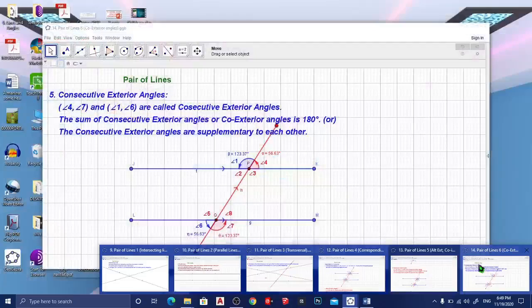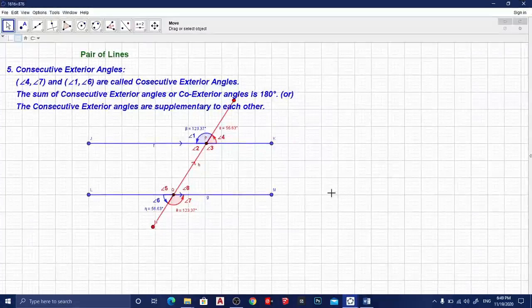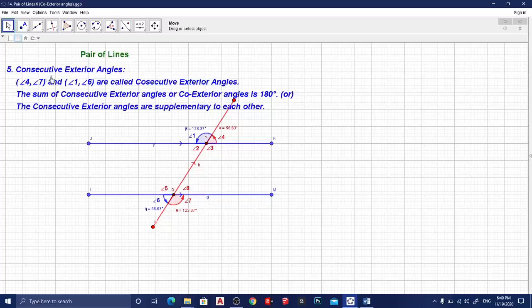Next is consecutive exterior angles, which is the last type of angles formed when the transversal is intersecting two parallel lines. So consecutive exterior, the name itself indicates that they exist in the exterior of the parallel lines and they will exist on the same side of the transversal line.